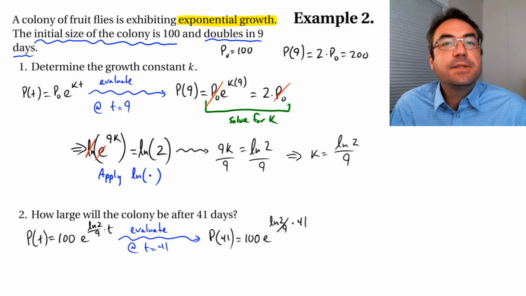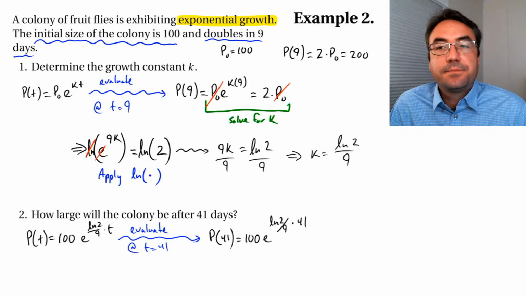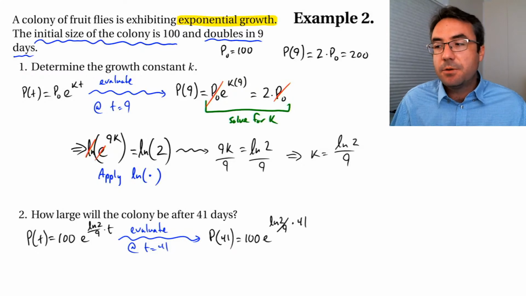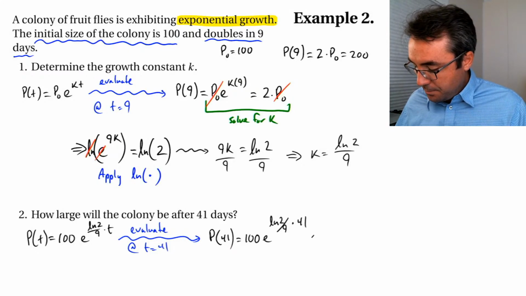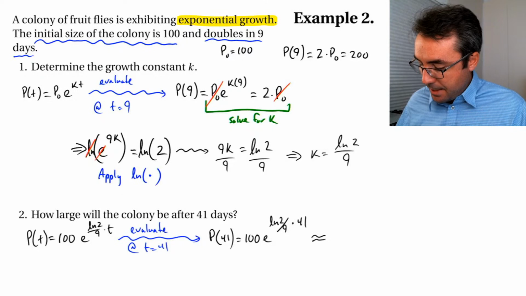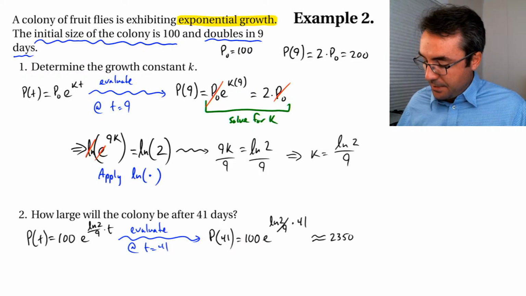Now you could just leave your answer like that. But just to give a little bit of context, we could plug that into a calculator, and that's approximately 2,350. And the units here are fruit flies.